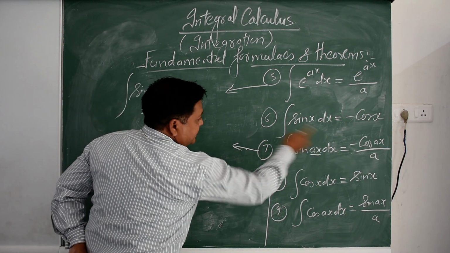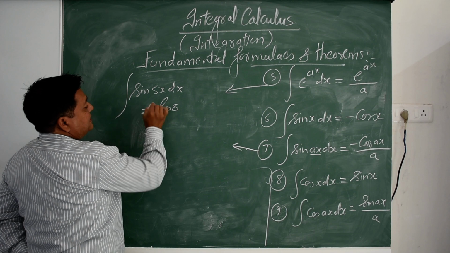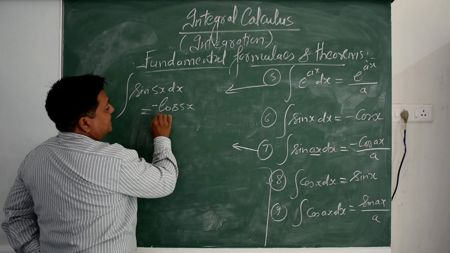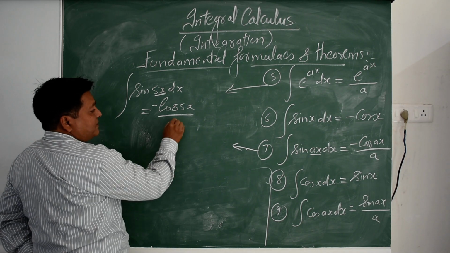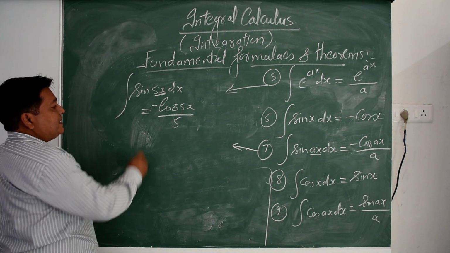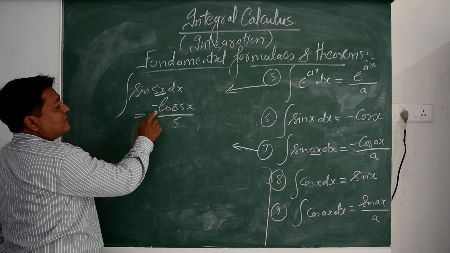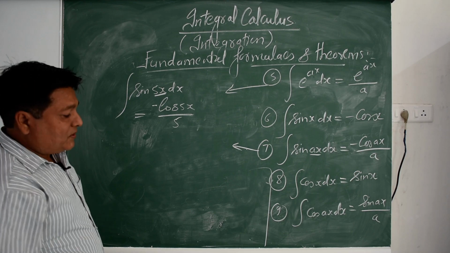According to the formula, minus cos x is there, so we write minus cos 5x upon the differentiation of 5x with respect to x, which is 5. In this way, the result will be minus cos 5x upon 5. In this way, we will have to solve this.